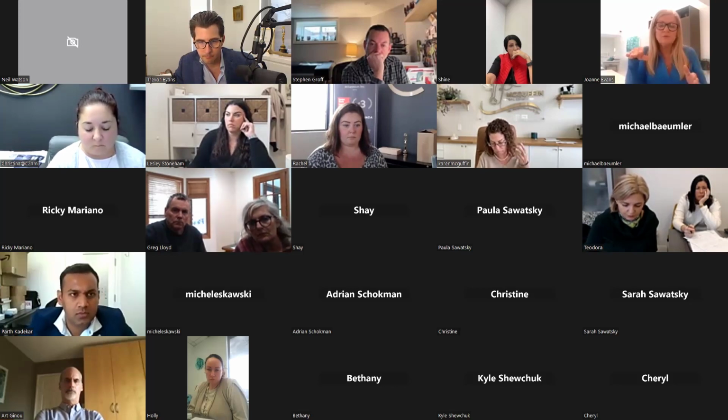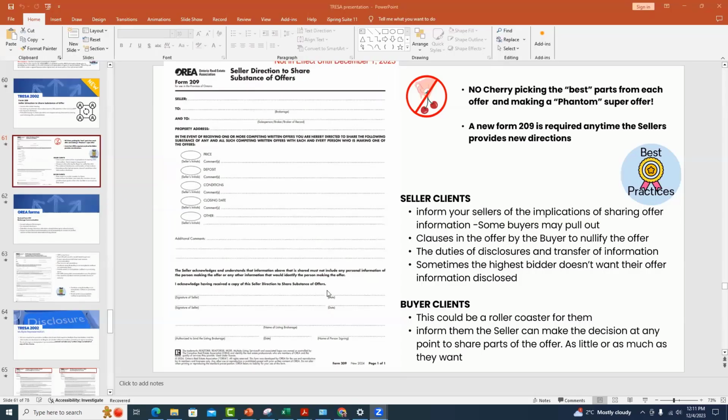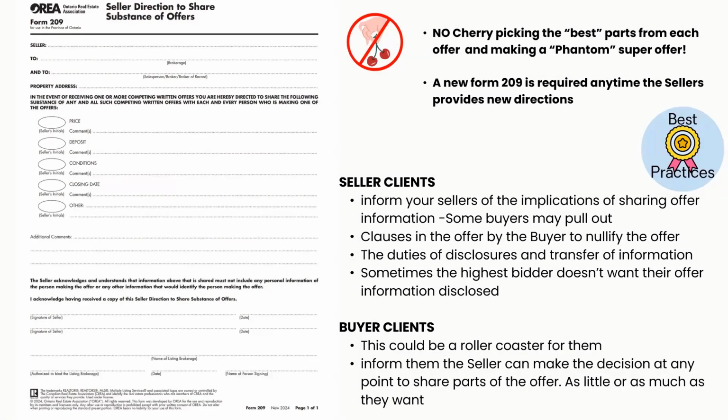When we were doing multiple offers, and there's 30 to 40 offers, for instance, in the boardrooms, this is going to be a huge stop. Get all your paperwork done, decide exactly what the seller wants to disclose from the substance of the offers.